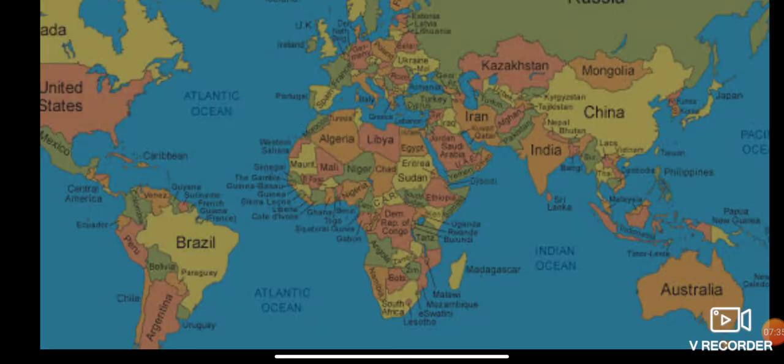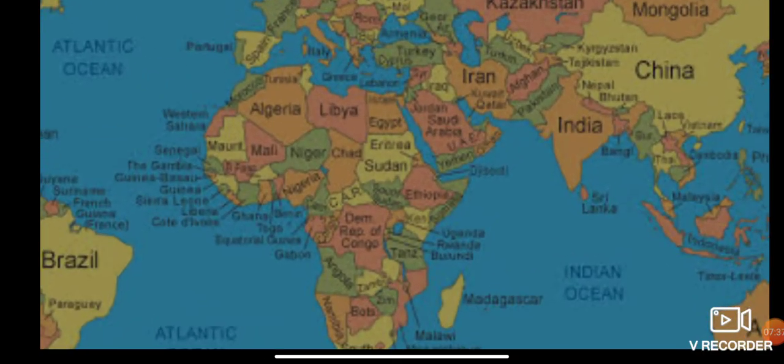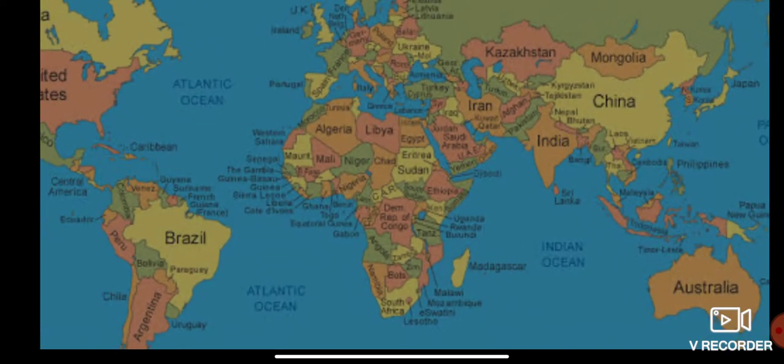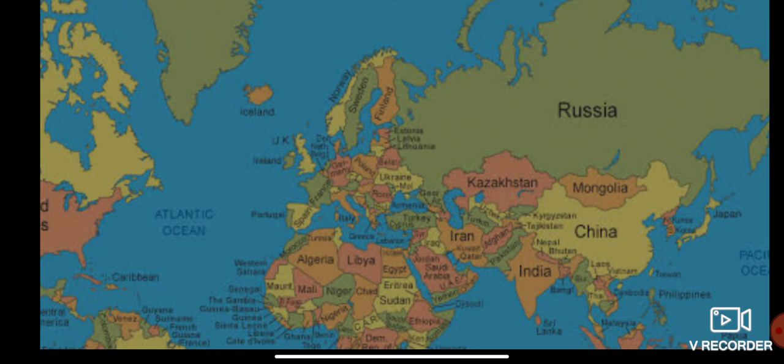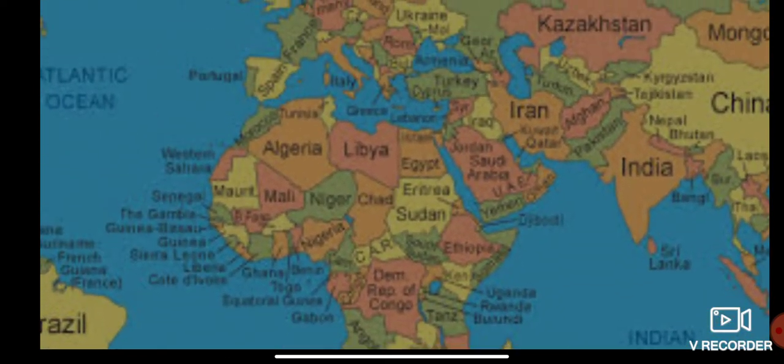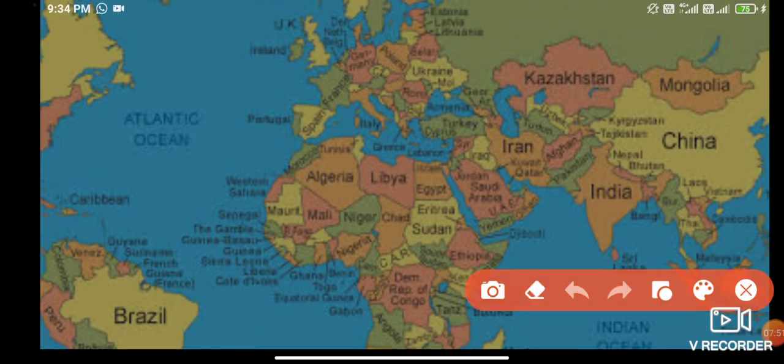So you see that this map is actually not clear for you to observe, so you can always go through your world map and then observe. But let me just show you where it is located. You'll find the Suez Canal somewhere around this area, north of Egypt.